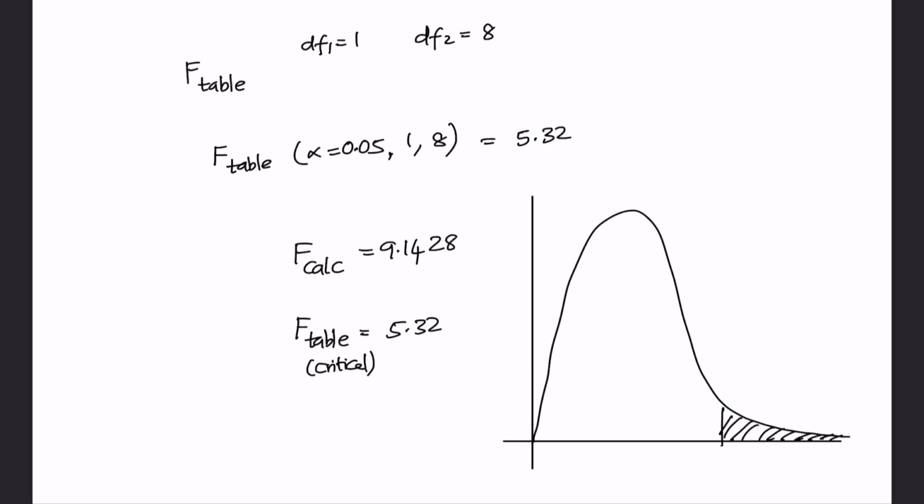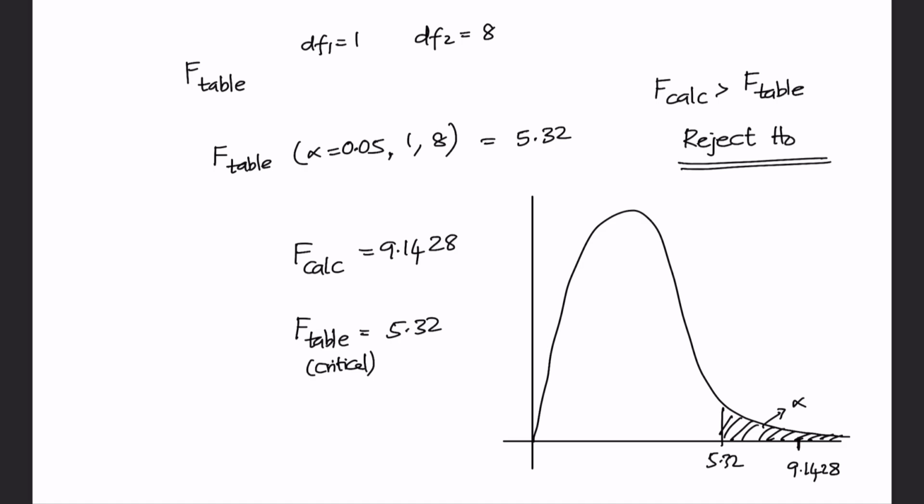This region represents alpha, and the value we have is 5.32, and 9.148 is somewhere right here. So we can say that the calculated value of F is much greater than the table value, which means that we can reject H0.